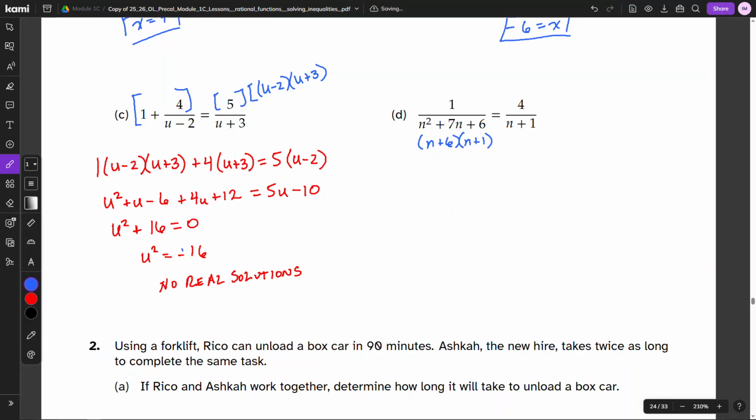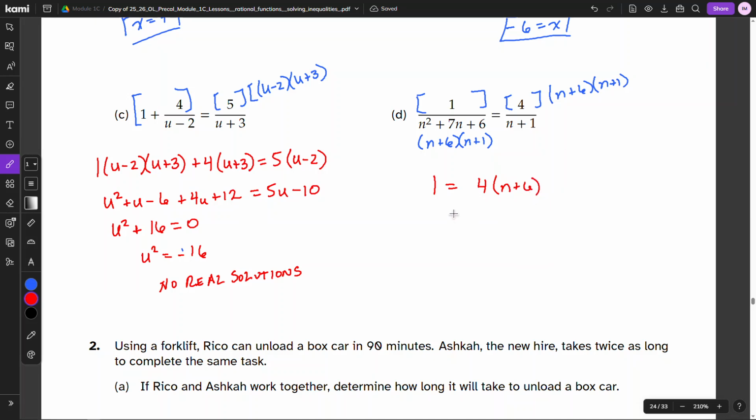So let's multiply both sides of our equation by n plus 6 times n plus 1. That sets us up with 1 is equal to 4 times n plus 6.